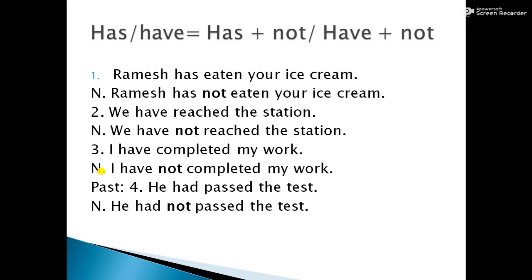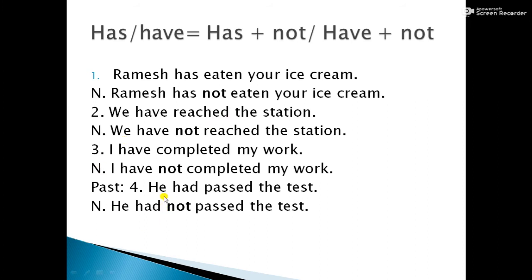So has must be used for pronouns indicating he, she, it, and have must be used for first person singular pronoun, that is I, first person plural pronoun, that is we, second person singular pronoun, that is you, second person plural pronoun, that is you, and any plural pronoun or subject, we use have.